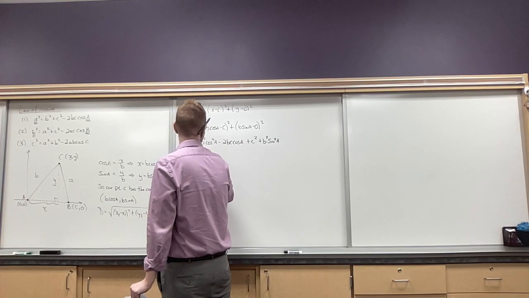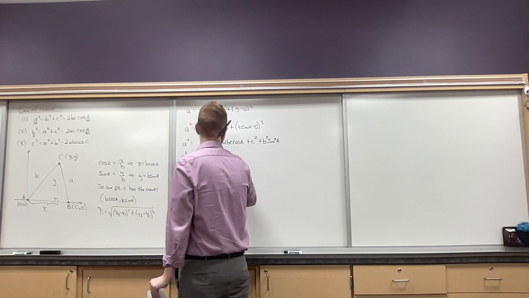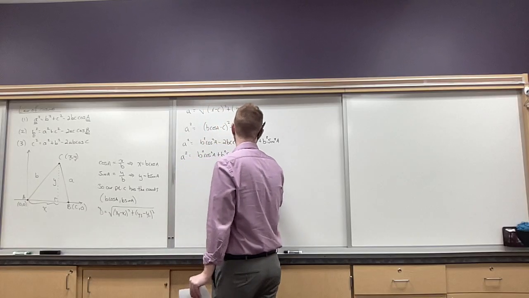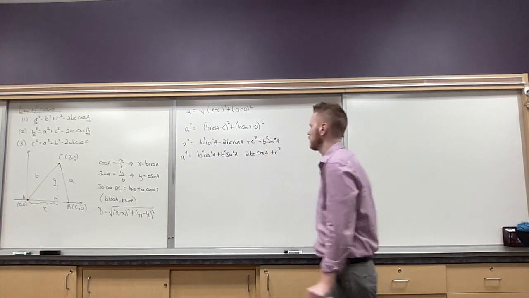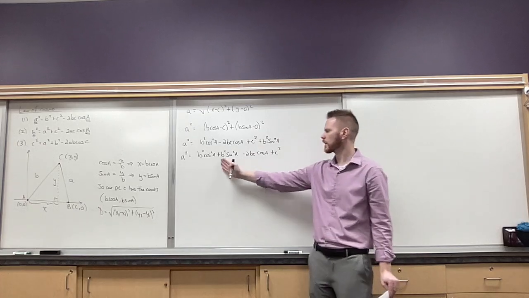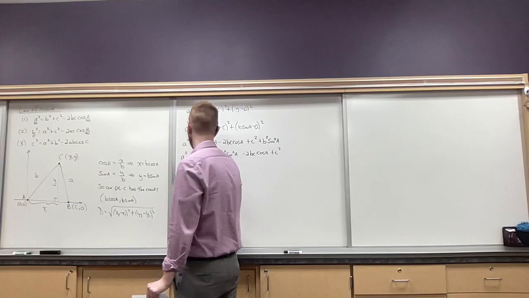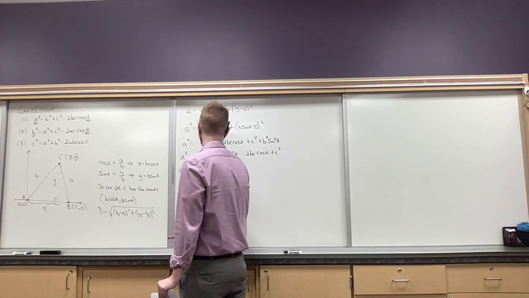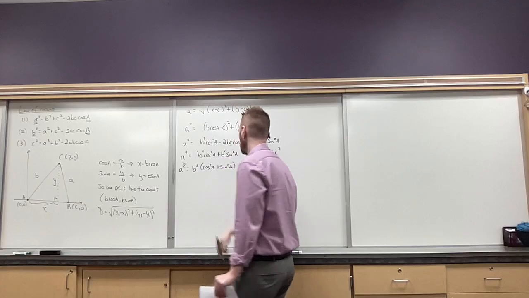So we're going to get b squared cosine squared of A plus b squared sine squared of A, and then I'm going to rewrite the other expressions after it. So again, I moved this over so I can group it. They both have a b squared in common, so I'll factor it out.